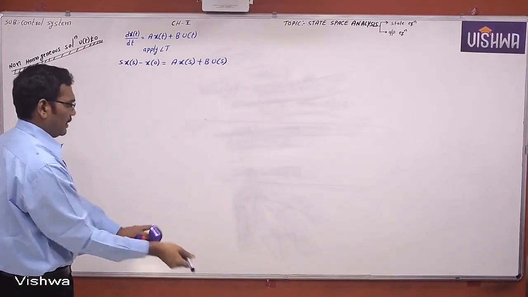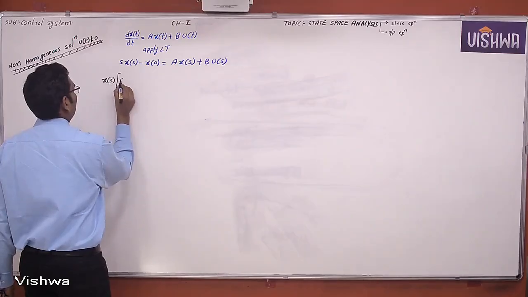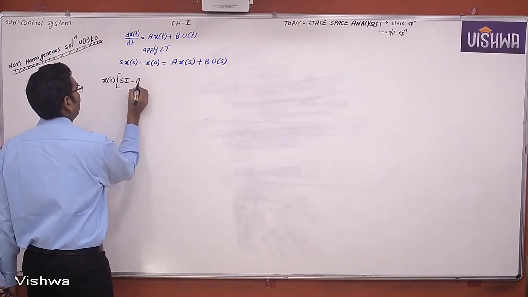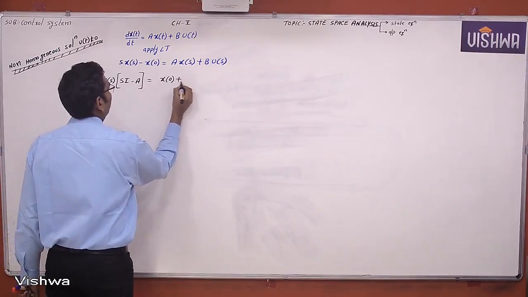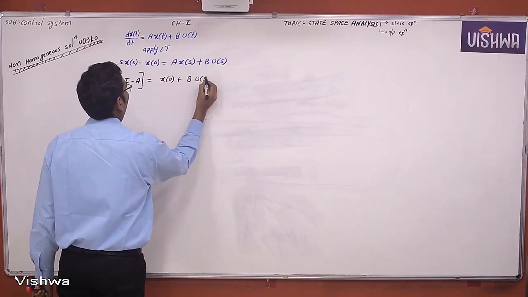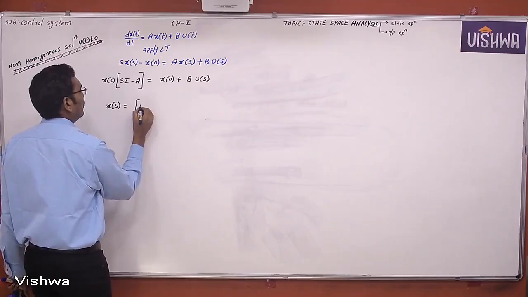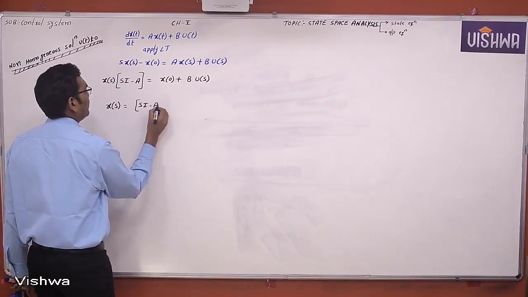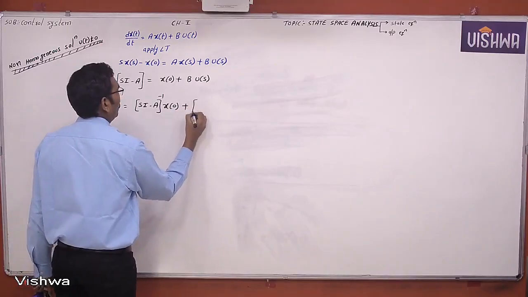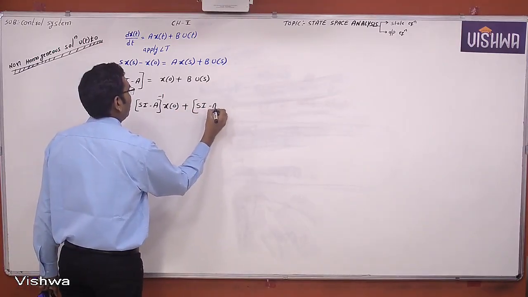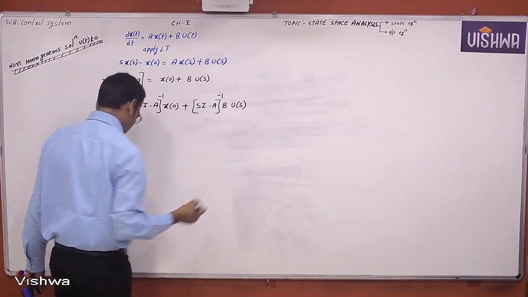Therefore, if I take x of s as common, si minus a into x of s is equal to x of 0 plus b into u of s. X of s is equal to si minus a matrix inverse into x of 0 plus si minus a matrix inverse into b into u of s.